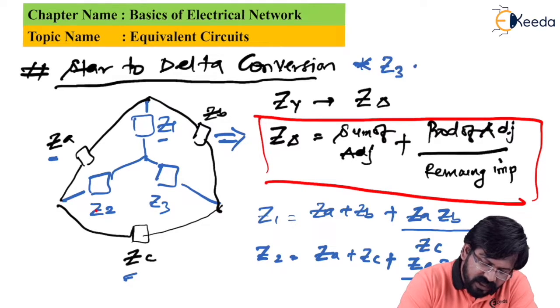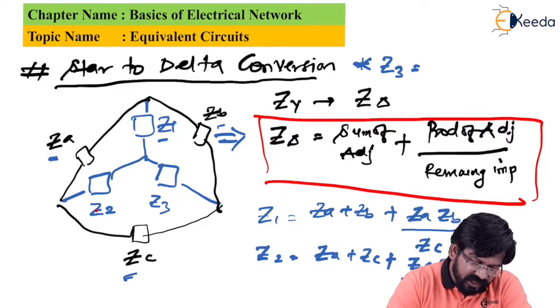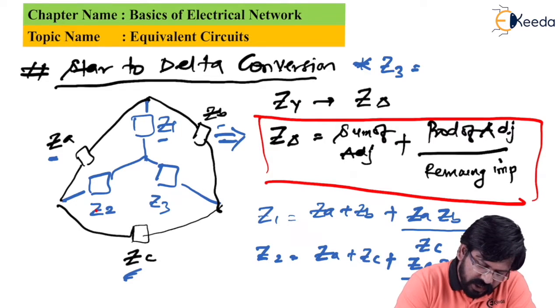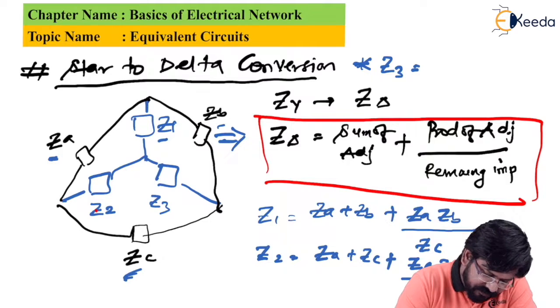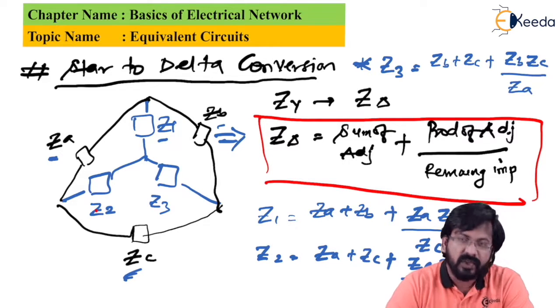For Z3, ZB and ZC are adjacent impedance. So I can write ZB plus ZC plus ZB ZC divided by remaining, which is ZA. So this is how we convert star to delta and delta to star.